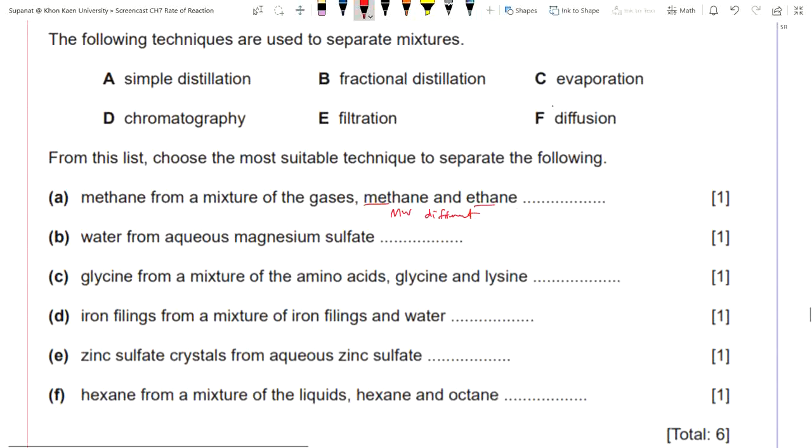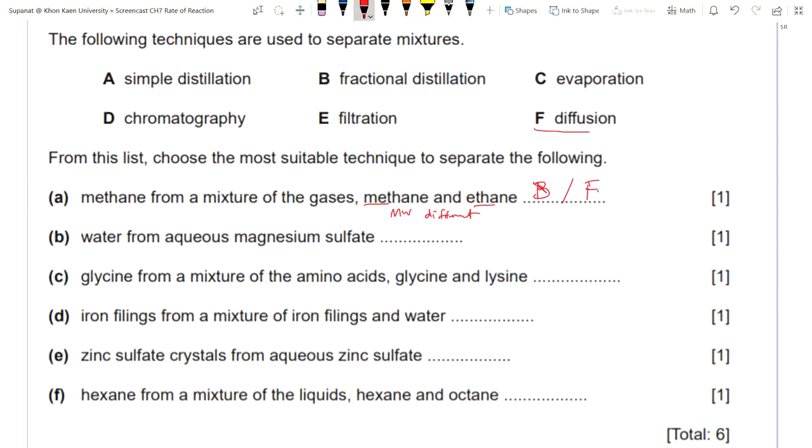So we can use fractional distillation, or another one is diffusion by using a permeable membrane, which allows only the smaller molecules of the gas to pass through it. B: the water from aqueous magnesium sulfate.